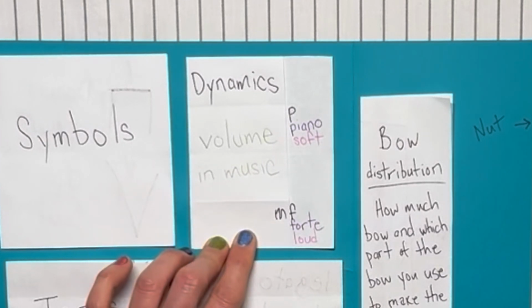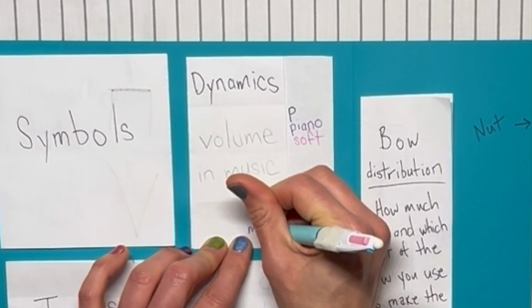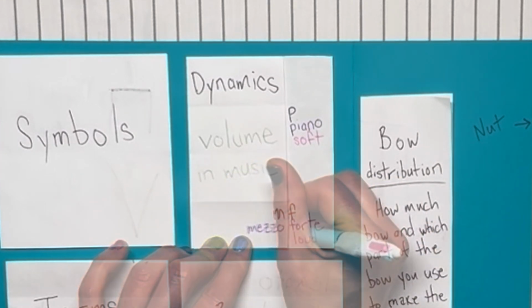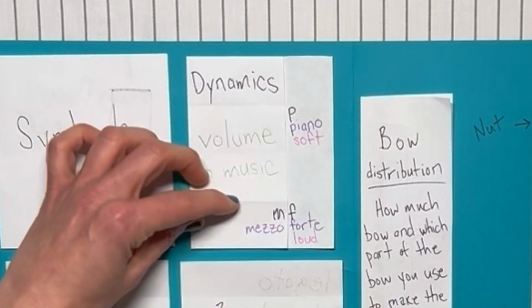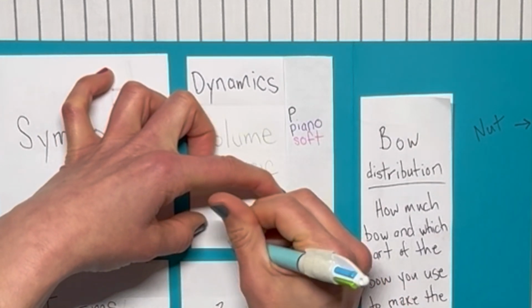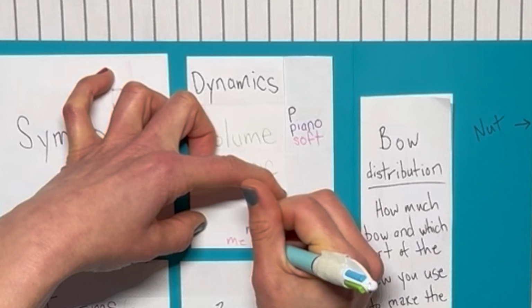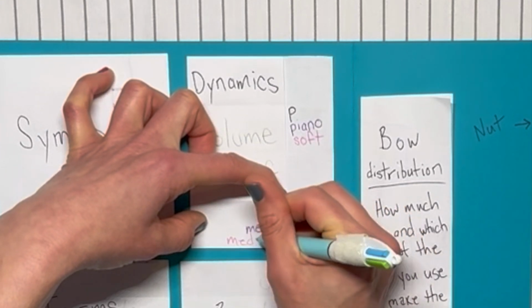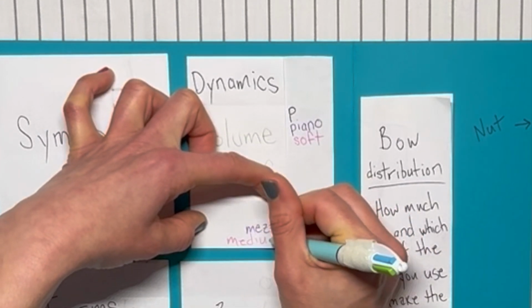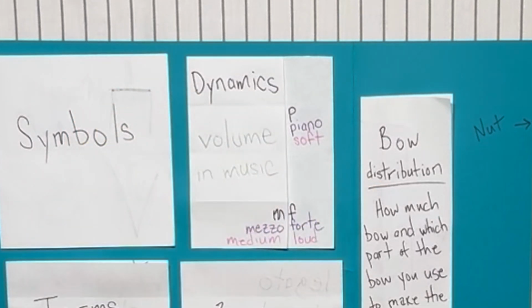M stands for the Italian word mezzo. Mezzo means medium. M-E-D-I-U-M. So M stands for mezzo, M-E-Z-Z-O, which means medium, M-E-D-I-U-M. Now you can pause, make sure yours looks just like mine, and then after that, I'm going to show you how to use this.